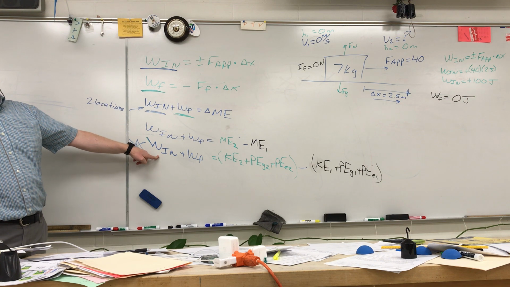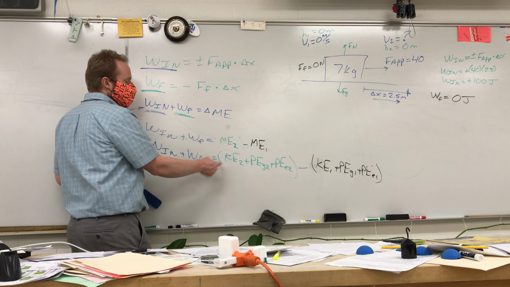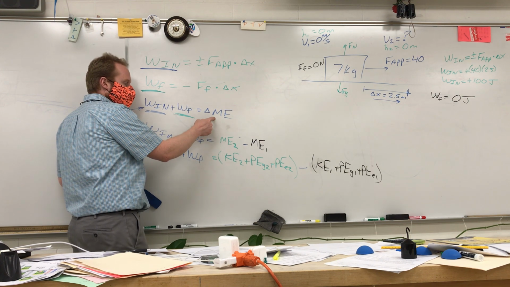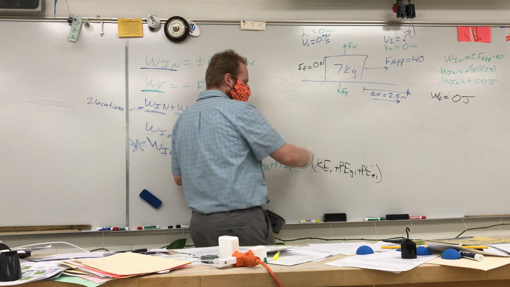Let's do those. Which means you either need to know how to derive this from this, or you just remember that this is the fully expanded form of this. I'm going to erase this in a second.